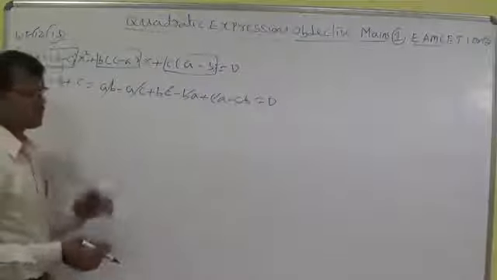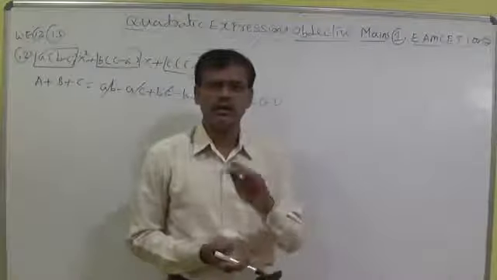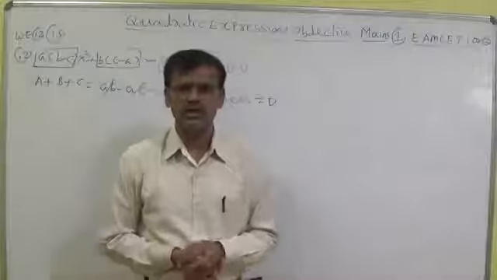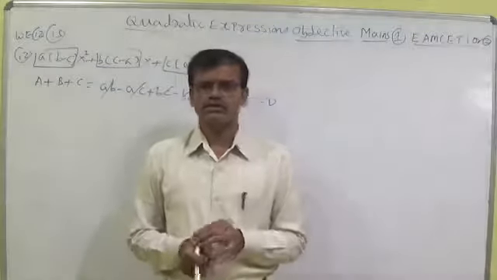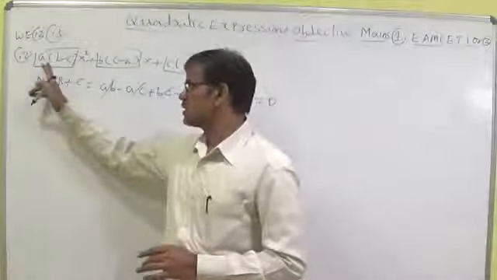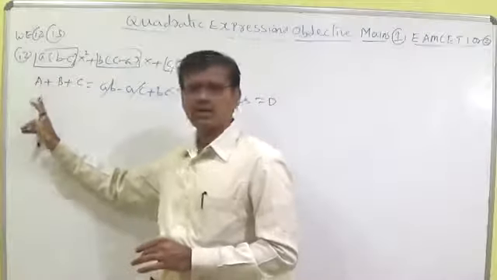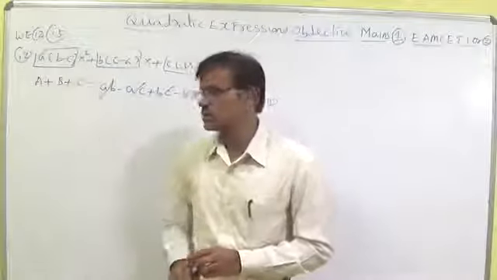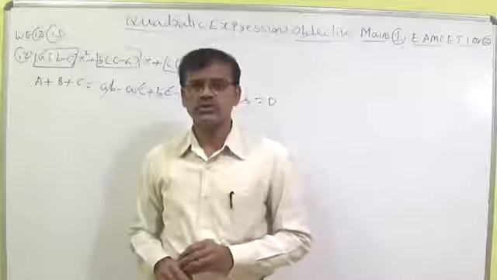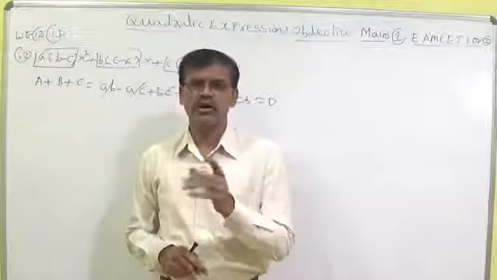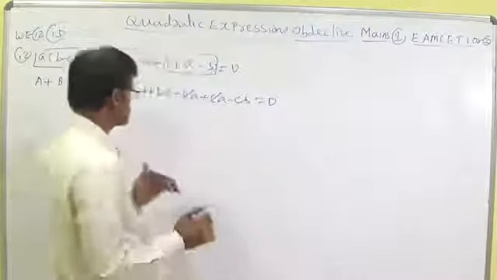Whenever A + B + C = 0, I said the property: small a + small b + small c = 0 in the quadratic equation ax² + bx + c = 0. Now this is not simple small a, that is why I wrote capital A, capital B, capital C. Whenever A + B + C = 0, I had written that 1, C/A are roots.